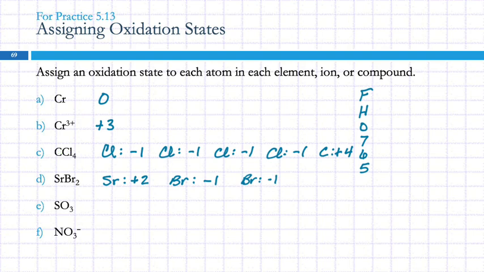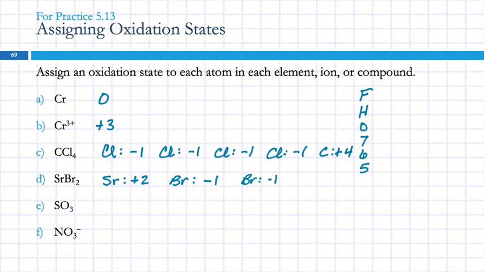So there's 4 of them. They're each -1, just like if they had ion charges. And so then the carbon has to be +4. But no, you would just need to say the chlorines are -1 oxidation state, the carbon is +4.